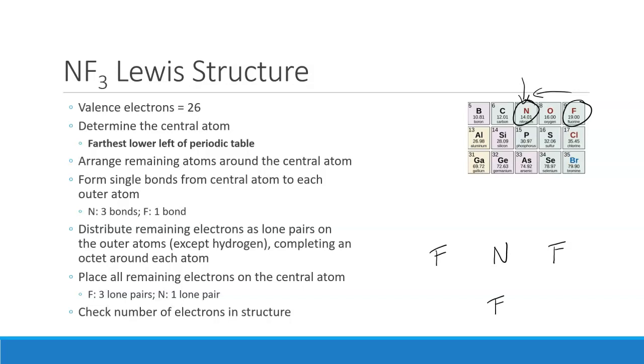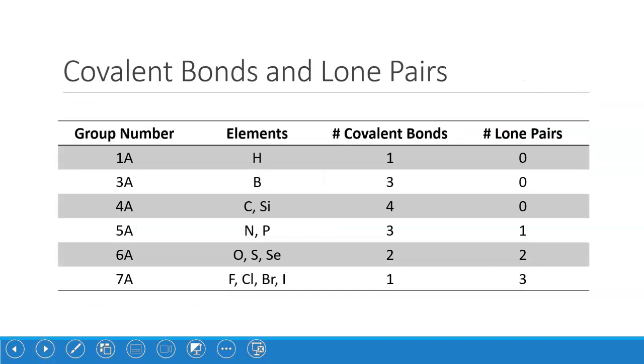Then we want to form single bonds from the central atom to each outer atom, so that nitrogen will form a single bond to each one of those fluorines. Keeping in mind, based off of that table, that nitrogen should have 3 covalent bonds and fluorine should have 1 covalent bond.